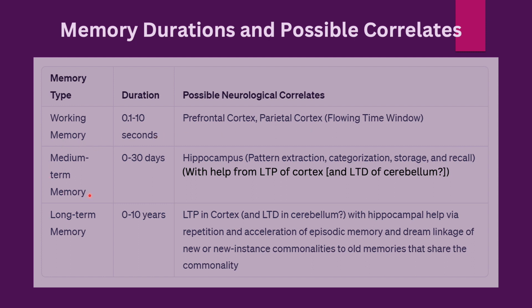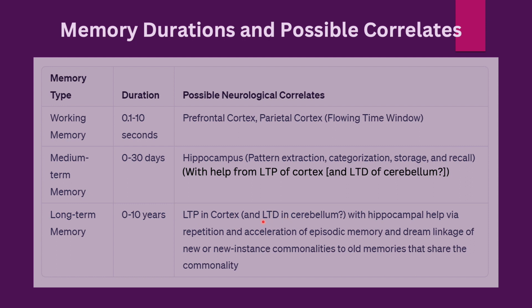When you get to medium-term memory, 10 seconds to 30 days, you're going to need the hippocampus because it's doing this pattern extraction, categorization, storage, recall, replay, acceleration, all this stuff that's crucial to being able to re-trigger a fledgling memory trace in the cortex. For long-term memory, 0 to 10 years, the hippocampus has taught the cortex how to re-trigger that stuff.